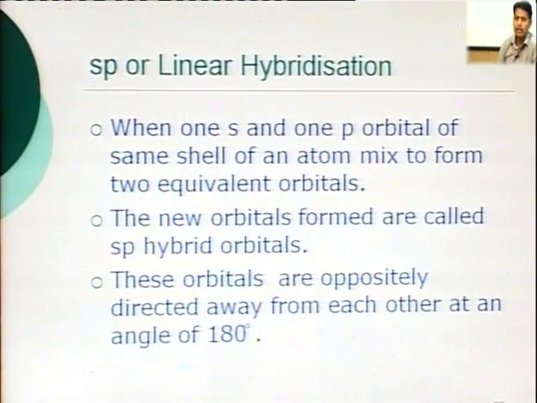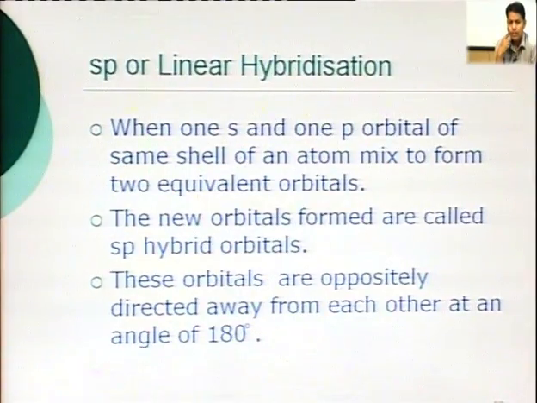In sp or linear hybridization, when one s and one p orbital of the same shell of an atom mix to form 2 equivalent orbitals, this is called sp hybridization or linear hybridization. As there are only 2 orbitals, one s and one p, the new orbitals formed are called sp hybrid orbitals.